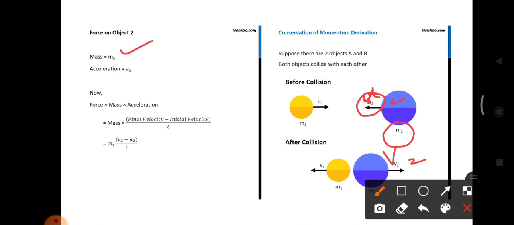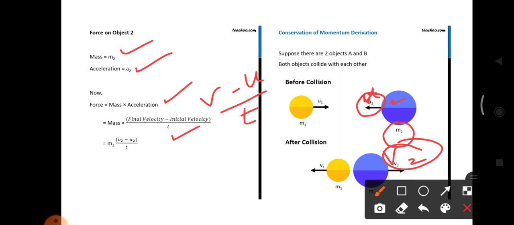So mass equals m2, acceleration a2, force equals mass into acceleration, mass into final velocity minus initial velocity by t, because acceleration is final velocity minus initial velocity by time. So here the final velocity is v2 and initial velocity is u2. m2 into v2 minus u2 by t. This is the force on object 2, F2.